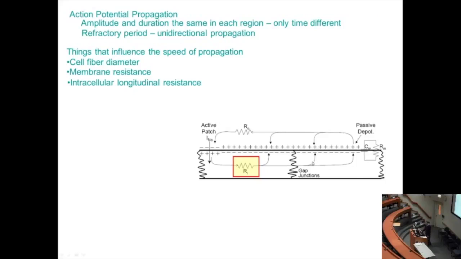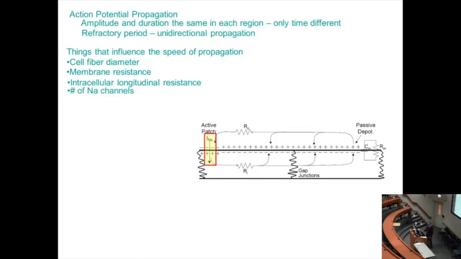The truth of the matter is that the intracellular resistance doesn't vary in cells, but effectively it varies in cells that are hooked up by gap junctions, and that means cardiac myocytes. So the more open gap junctions you have, the lower the longitudinal resistance, and the fewer open gap junctions you have, the greater the longitudinal resistance. And so more longitudinal resistance, slower action potential propagation. Relevant really to the heart more than anything else, okay?